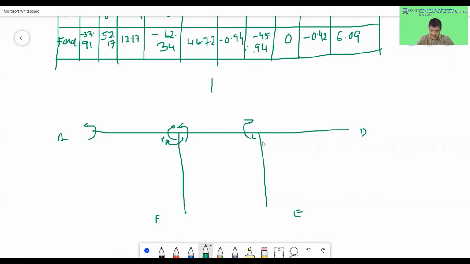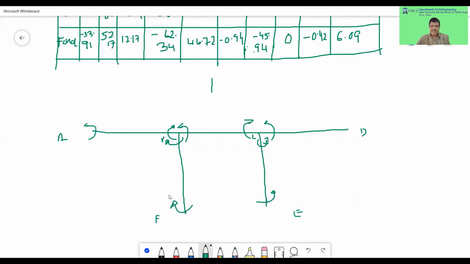CE is minus, anti-clockwise. CD is minus, anti-clockwise, and at D it is 0. EC is minus 0.42, anti-clockwise, and F is plus, clockwise.